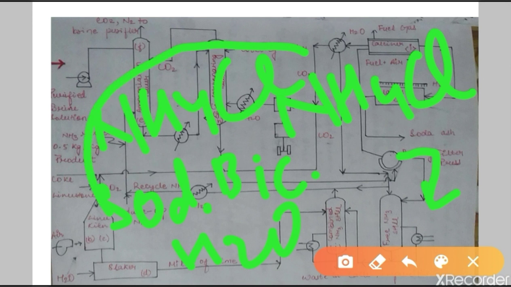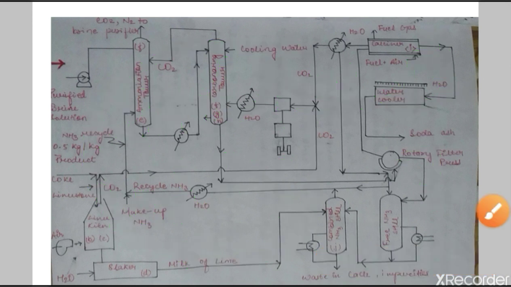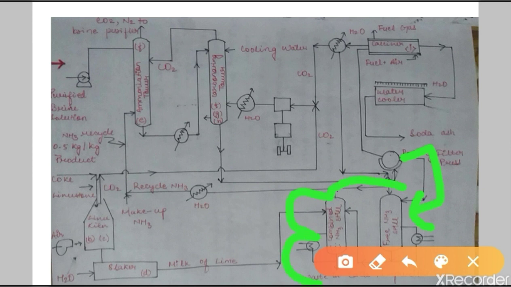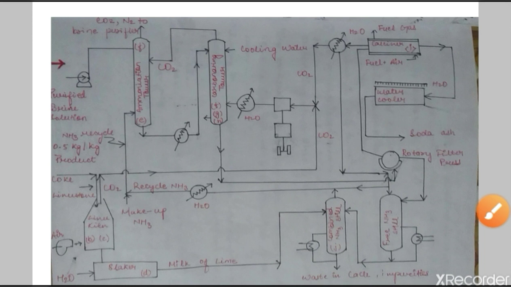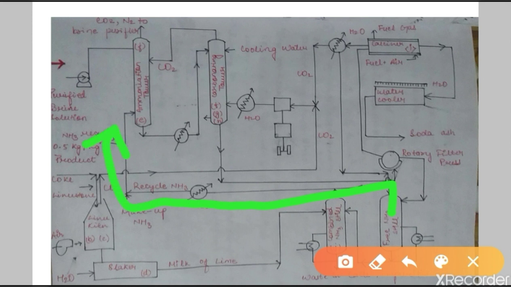So it was a mixture of these three, and that is why the rotary filter press has sucked all the ammonium chloride solution, and that ammonium chloride solution is then passed to a pair of recycling towers of ammonia. These are the two recycling towers of ammonia. Now the aqueous solution of NH4Cl is taken to the tower where it is steam distilled. With the help of steam distillation, ammonia gas escapes from here and is then sent to the ammoniation tower.